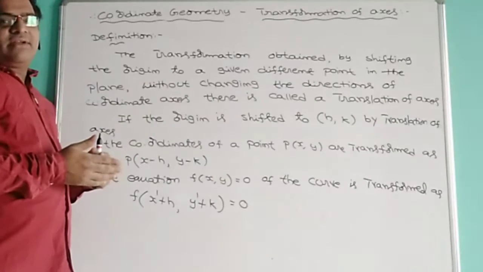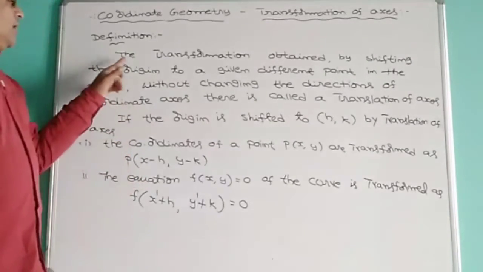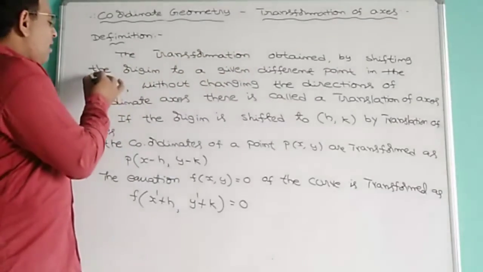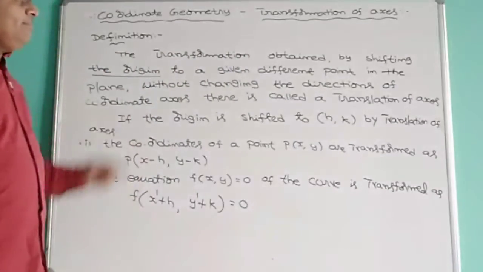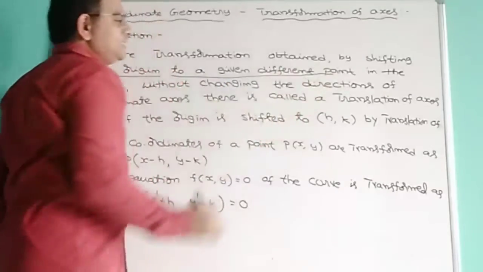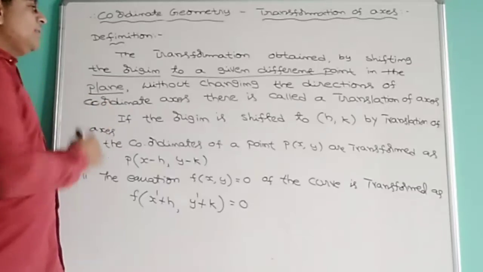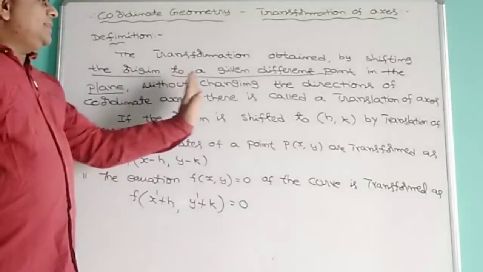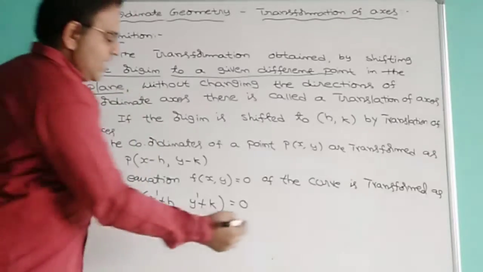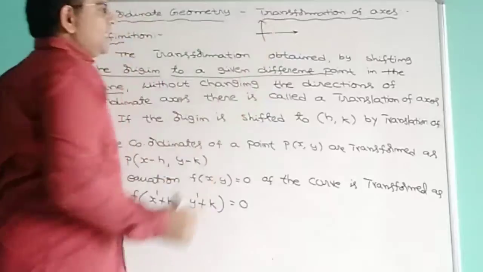Now, what is the actual definition of a translation of axes? The transformation obtained by shifting the origin to a given different point in the plane without changing the directions. Without changing the directions means the x-axis stays horizontal and the y-axis stays vertical.